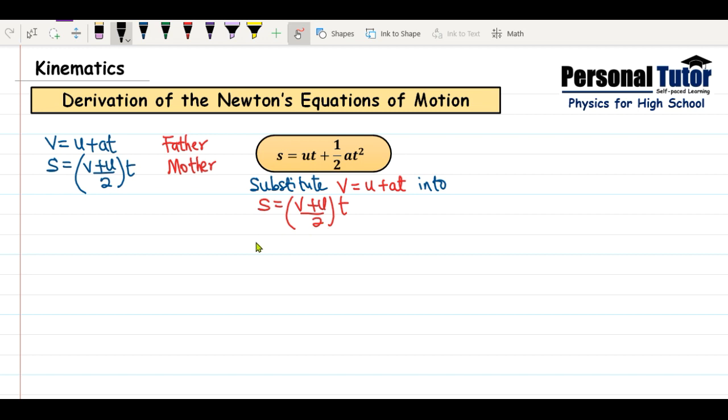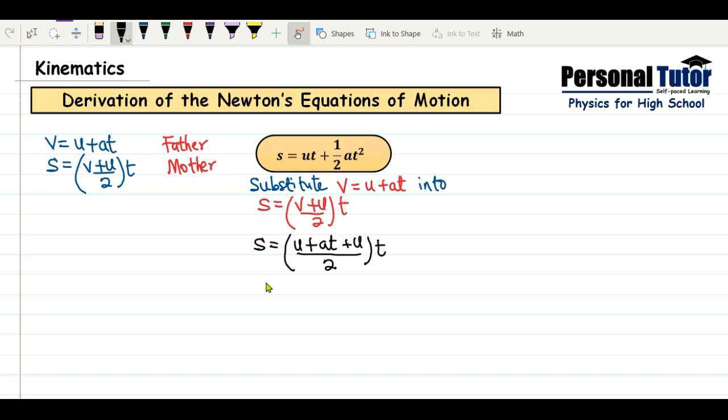So that will yield s equals, instead of v, we put the whole of this, u plus at, then plus u, all of this over 2 times the t. Can you look at it? All we have done was to replace v in the mother equation with the value in the father equation.